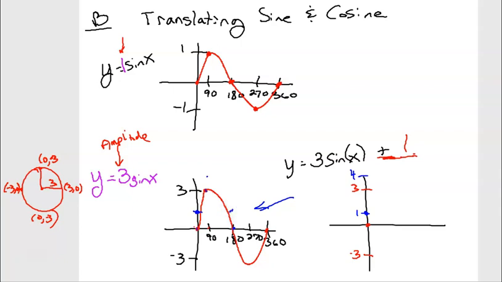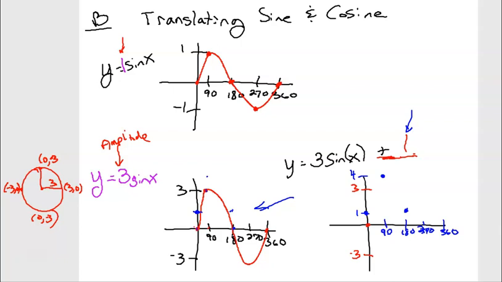All right, so normally you have 0, 0, but here you're going to have 0, 1 because it's being lifted up 1 spot. And then you still have the 90, the 180, the 270, and then the 360. At 90, it's up here at 4. And then at 180, it's down here.